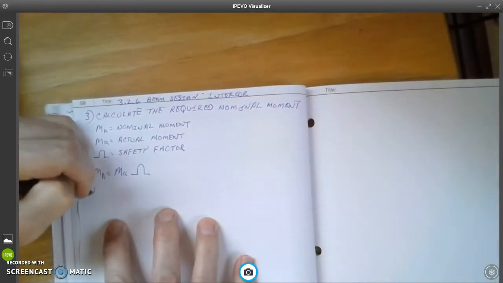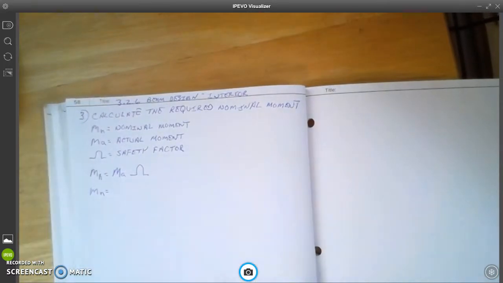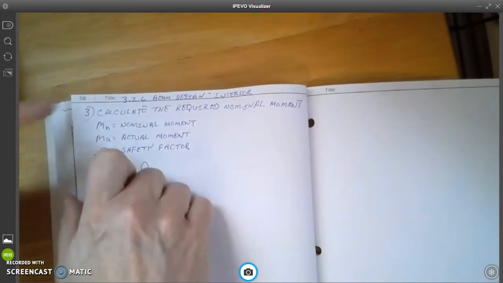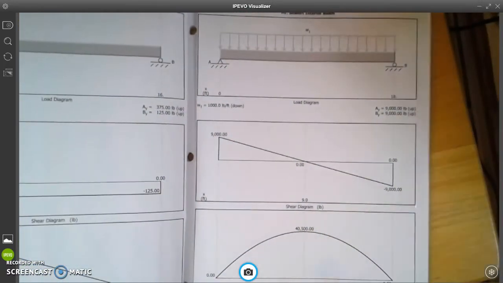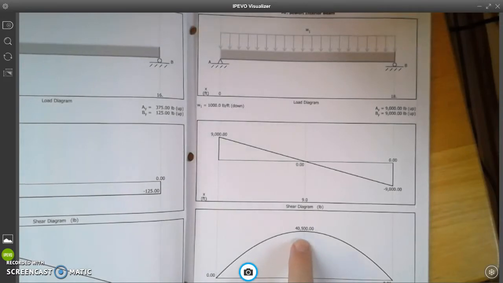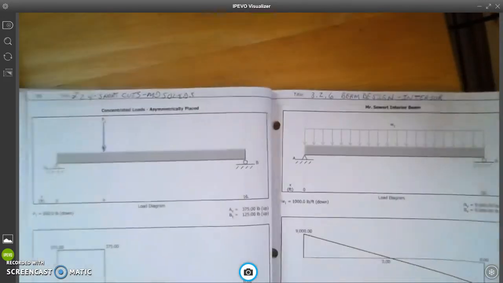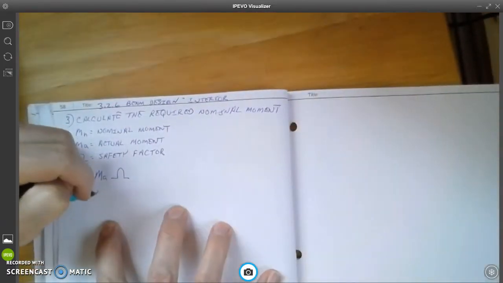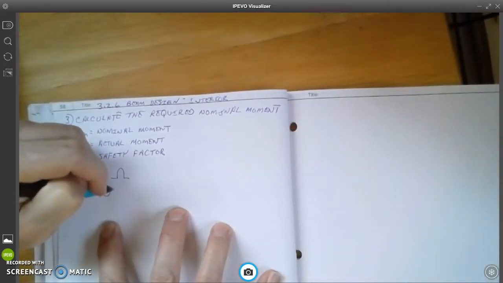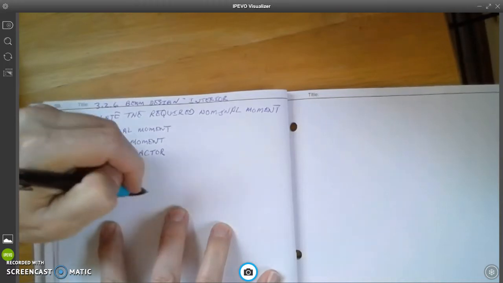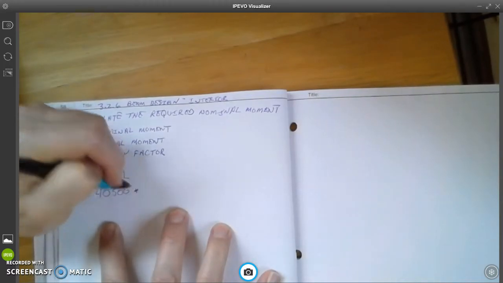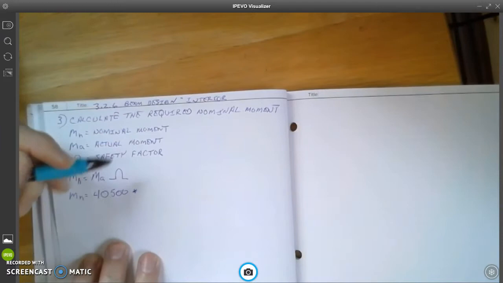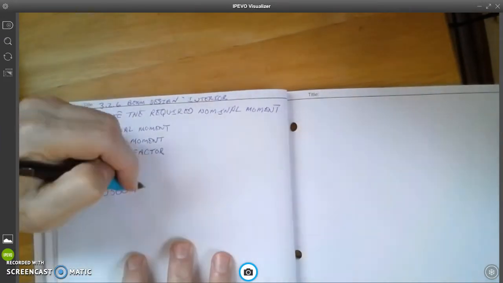So Mn is equal to the actual moment, and the actual moment is right here on our chart. It's 40,500. So I'm going to put that in. So 40,500, and then that gets multiplied times the safety factor, and the safety factor is a given number.